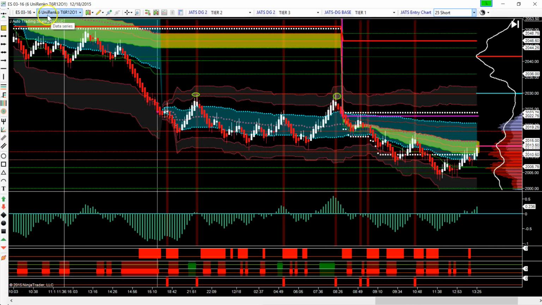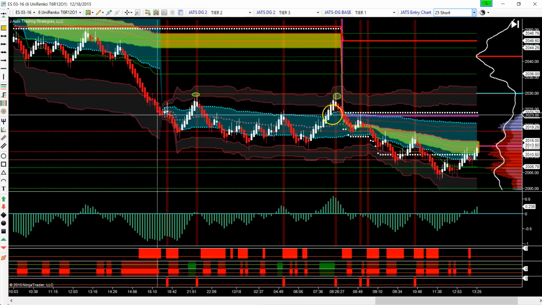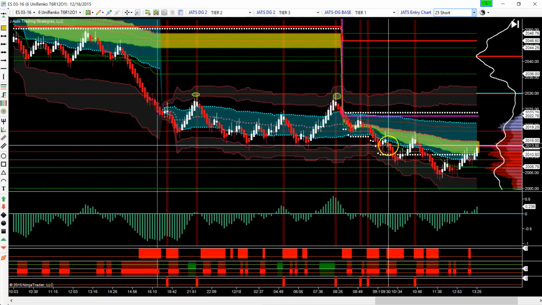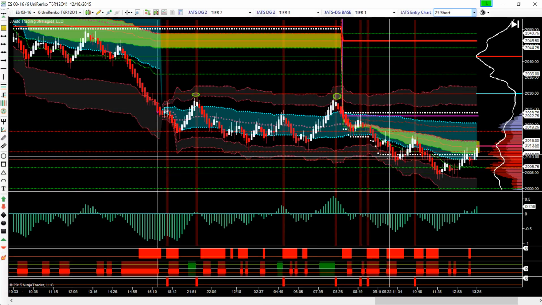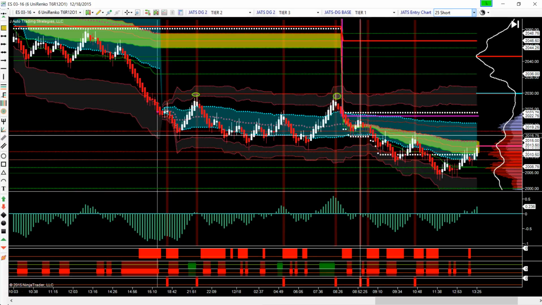That's why I use a larger bar, the 612, instead of a smaller bar to get my signals from. And then I can take my trade on a smaller tick chart if I want to.